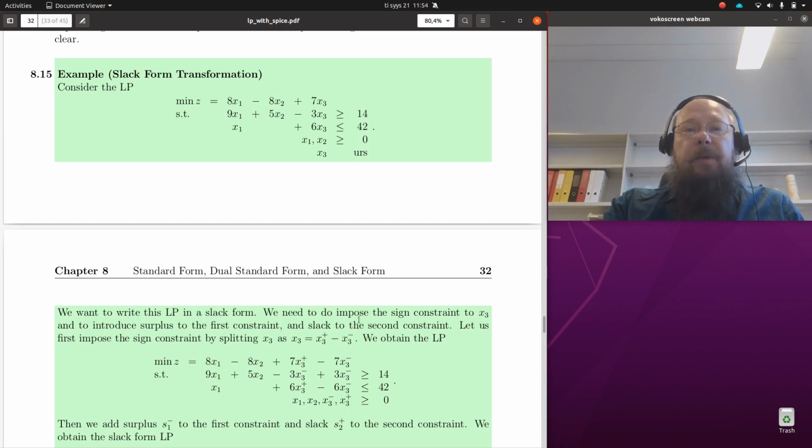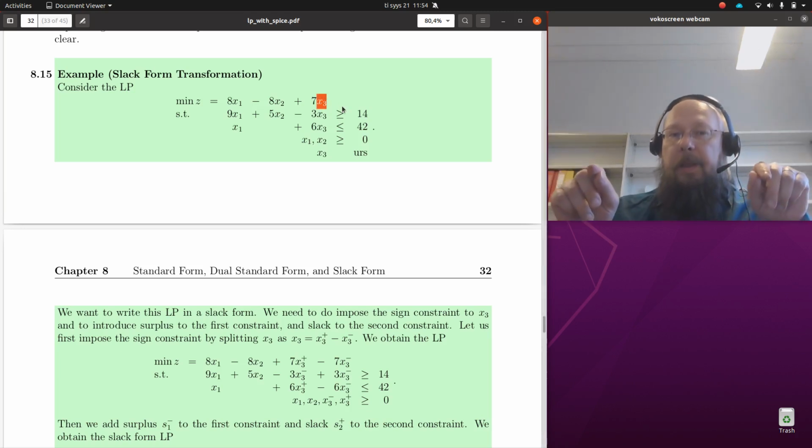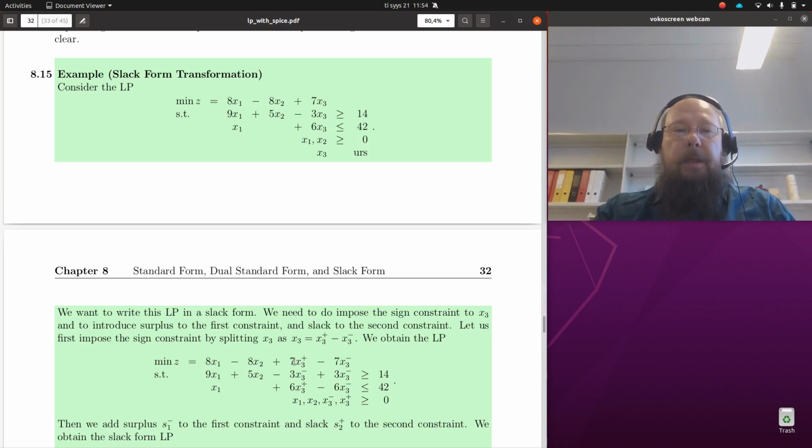So let's see how this works. Here at the top, there's x3, so I have to replace this by 7 times x3 plus minus x3 minus in parentheses, and then I open the parentheses, so it becomes this one here.